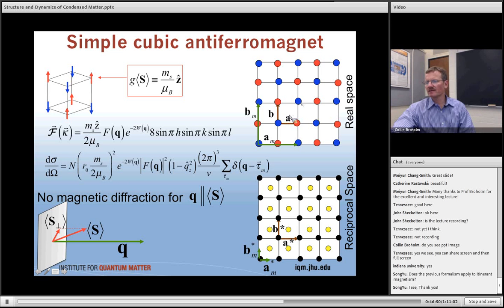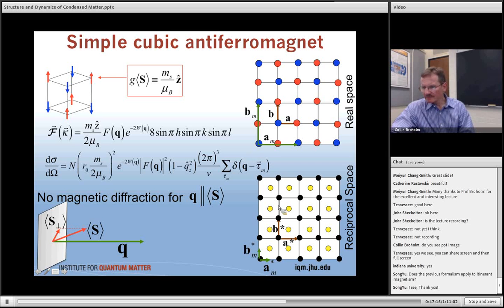But because of the magnetic ordering, which has made the colors different from red to blue as I go from side to side, the new unit cell is actually 2 times 2 times 2, which is 8 times as large as the previous one. And this means that I'm going to have 8 times as many reciprocal lattice vectors, twice as many in all directions as I had previously.